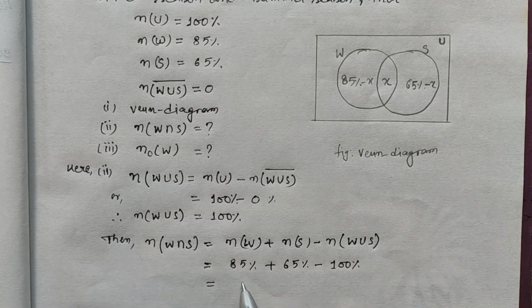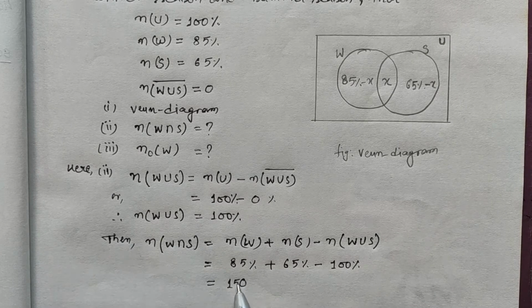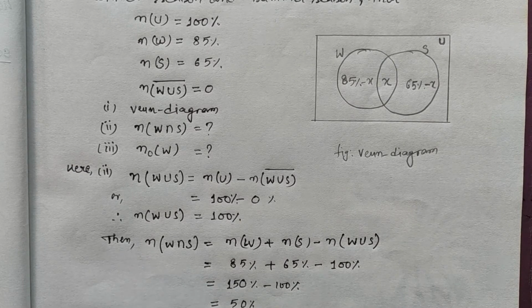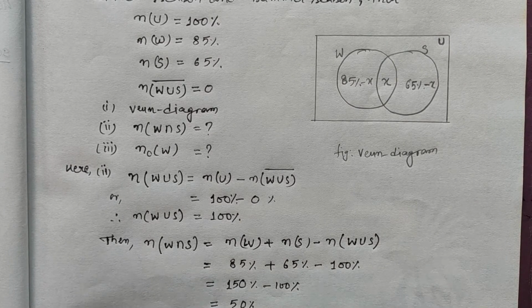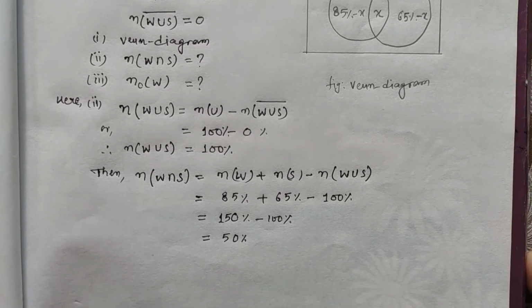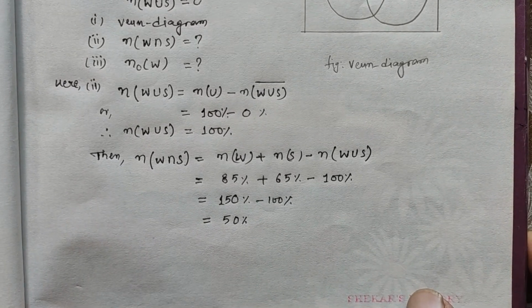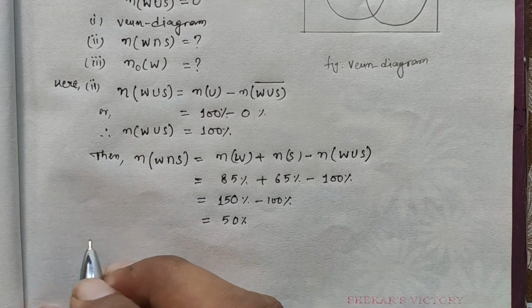So when you add these two, it is 150% minus 100%. So the intersection part is 50%. Yeah, intersection is 50, and now you have to find n only W.